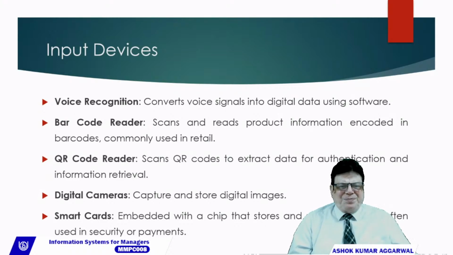QR code reader scans QR codes to extract data for authentication and information retrieval. Digital cameras capture and store digital images. Smart cards are embedded with a chip that stores and processes data, often used in security or payments.